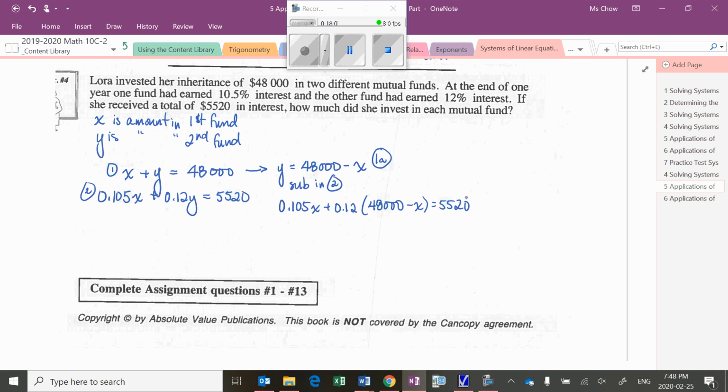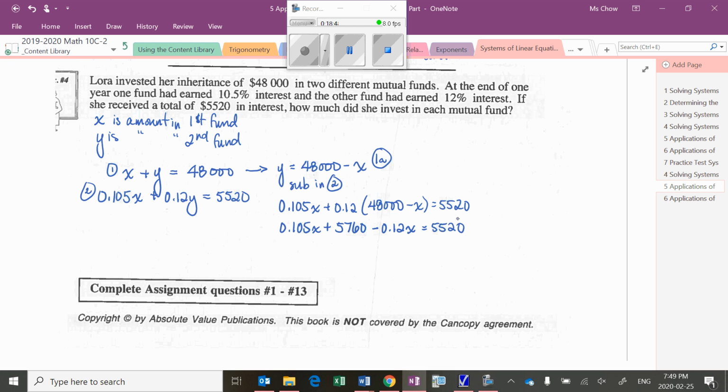So let's go ahead and calculate that. We'll need to distribute the 0.12. So we'll have 0.105x plus 5,760 minus 0.12x is equal to 5,520. And then let's combine our x's.